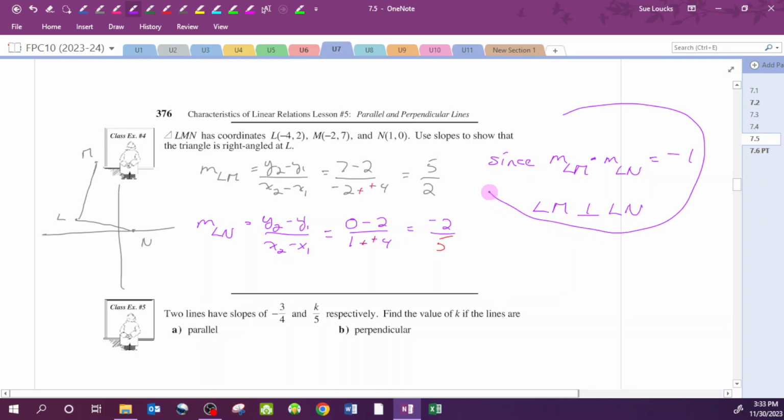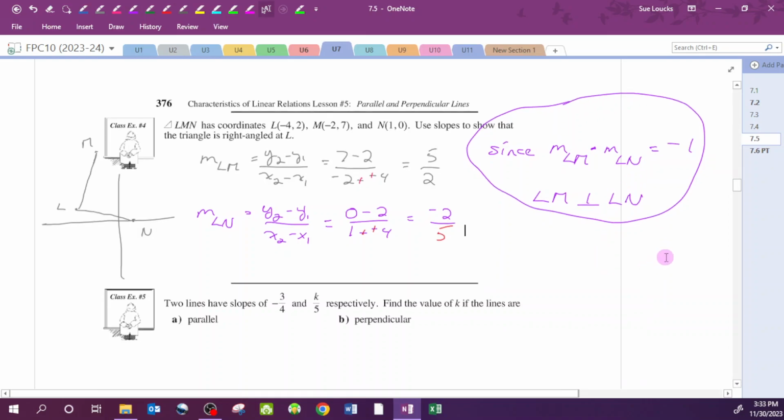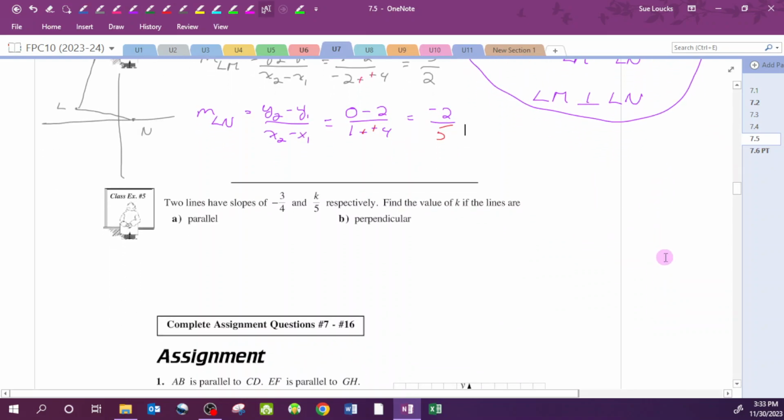This meets my criteria. It tells me what I'm basing my decision on and what my conclusion is, okay? You don't have to use words if you want to use symbols. That's absolutely fine.